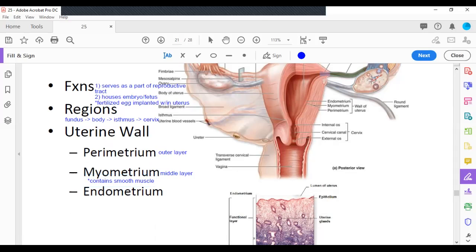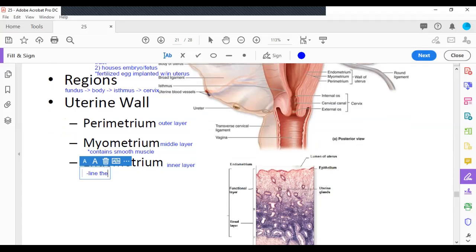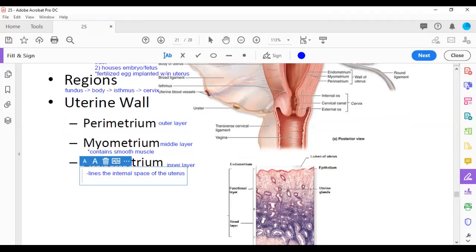The endometrium is the inner layer, and it lines the internal space of the uterus. It is composed of two layers, the superficial functional layer and the basal layer.